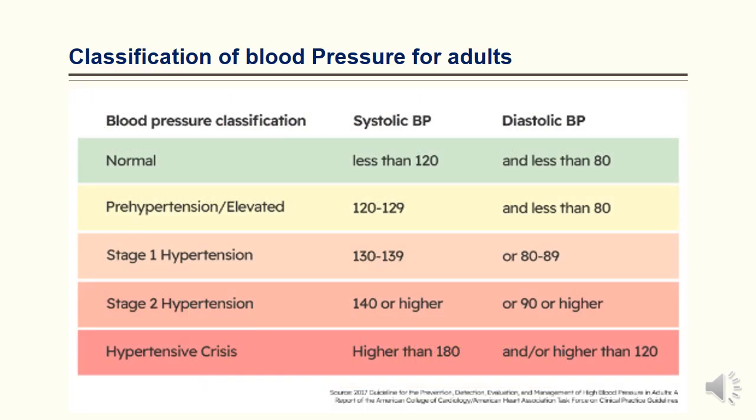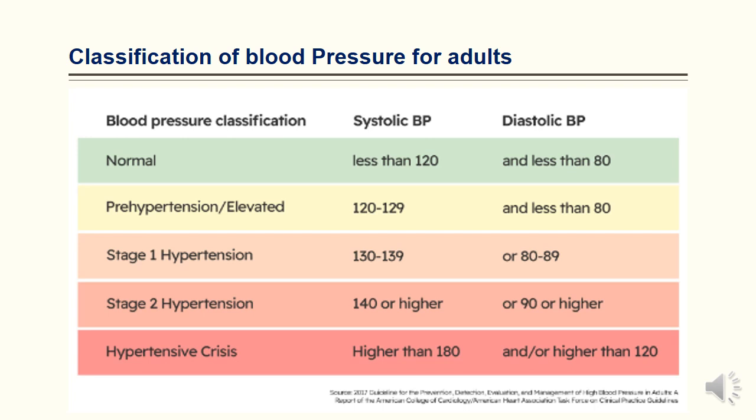This is the classification of blood pressure for adults, and this classification is based on the recommendation of the 7th report of the Joint National Committee on Prevention, Detection, Evaluation and Treatment of High Blood Pressure. This classification is for adults aged 18 years or older, as follows in this table.